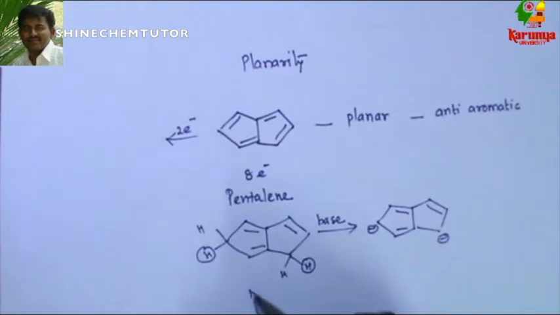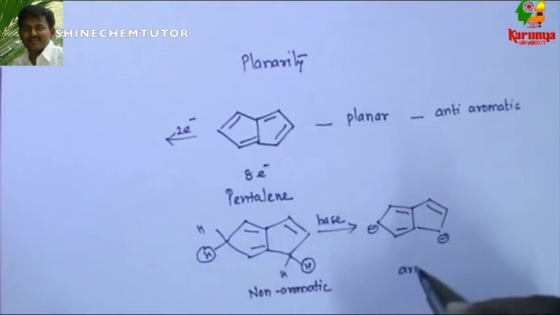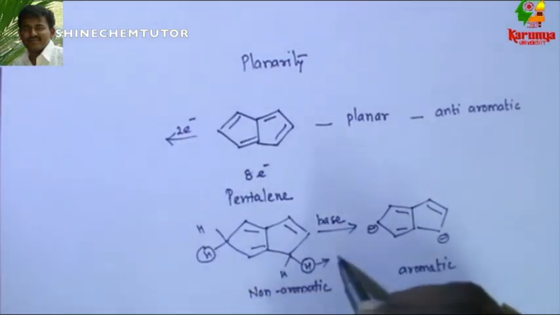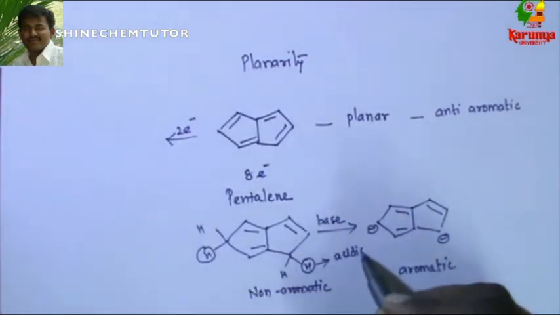This one is non-aromatic because there is no extended conjugation, but this is aromatic. The number of pi electrons is 10. So this becomes aromatic. So these 2 hydrogens are highly acidic.